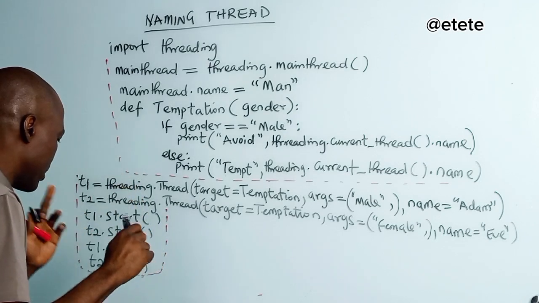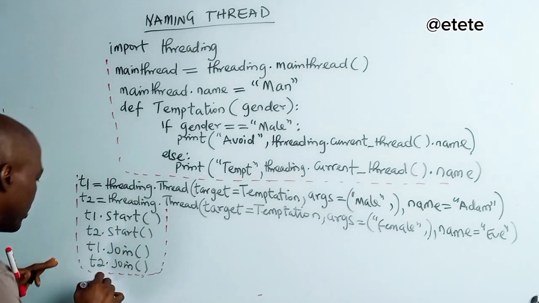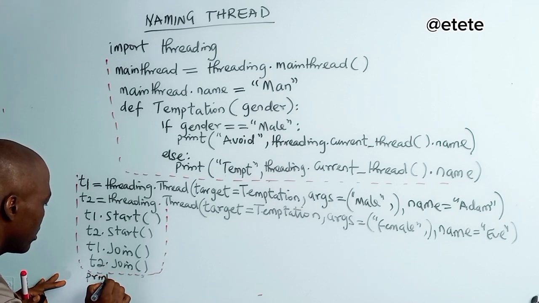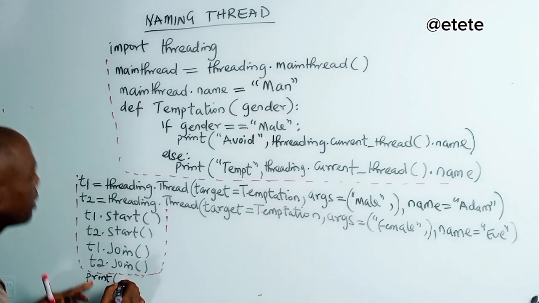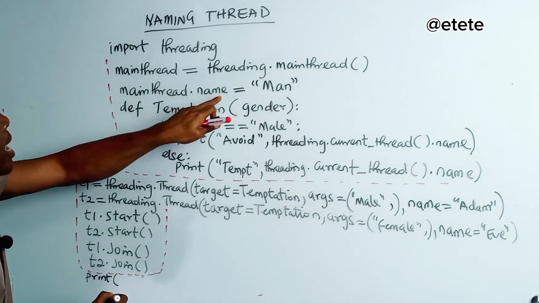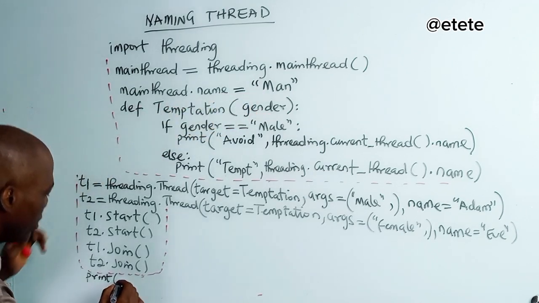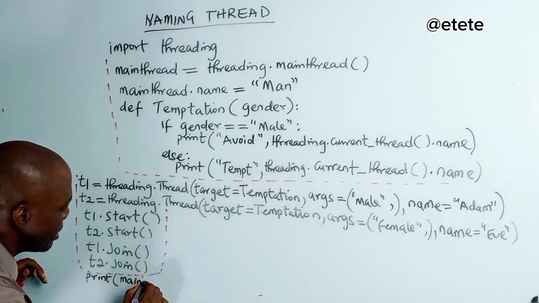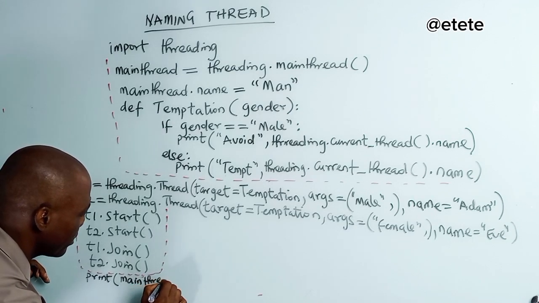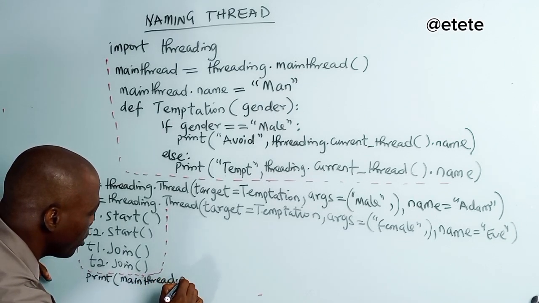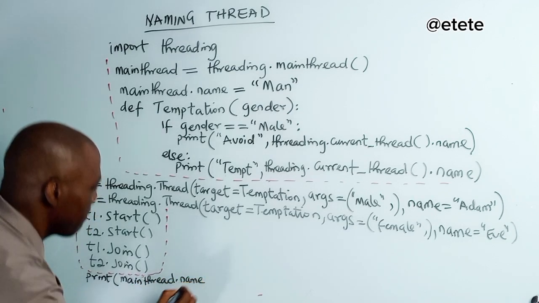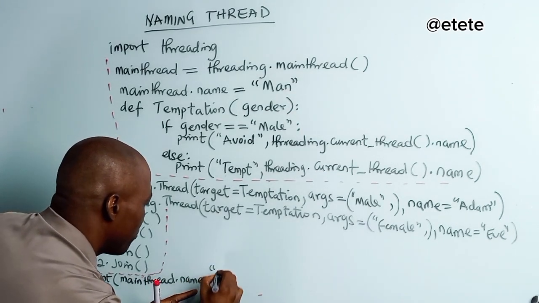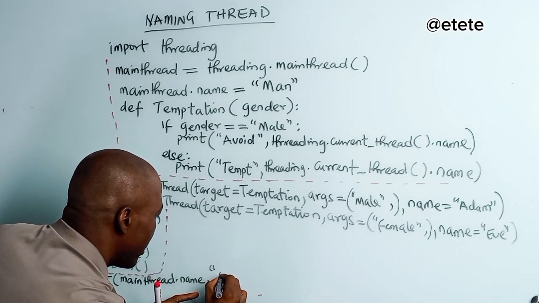Now, what I want the main thread to now print is print. The main thread will now print this one. I will not ask. I will access this name. So I will say main thread dot name, right? Main thread dot name, comma. Then I'll put this in a string literal.